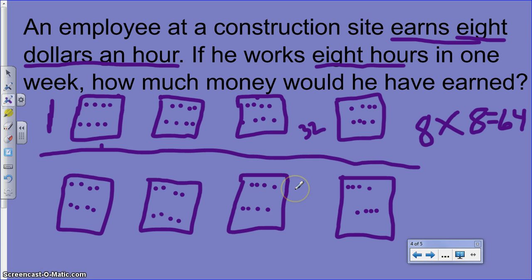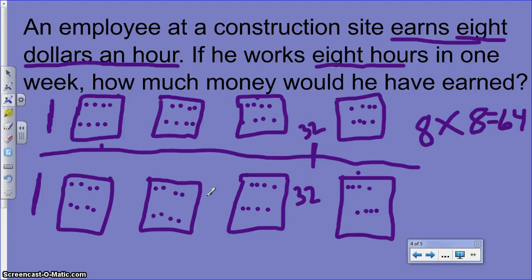So that means down here, 4 times 8 was also 32, because I have 1, 2, 3, 4. Then I just added these two numbers together, and it gave me 64. So if 4 times 8 is 32, and 4 times 8 is 32, I add them together, 64. Therefore, 8 times 8 would be 64. That's called the distributive property, and we'll show you how to do that in one of our next lessons, but that's just a little preview of what's coming.